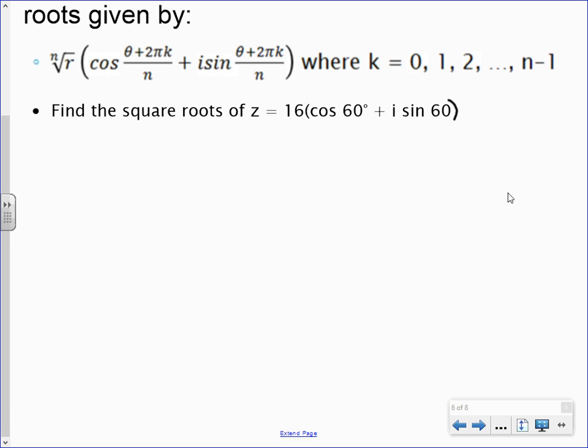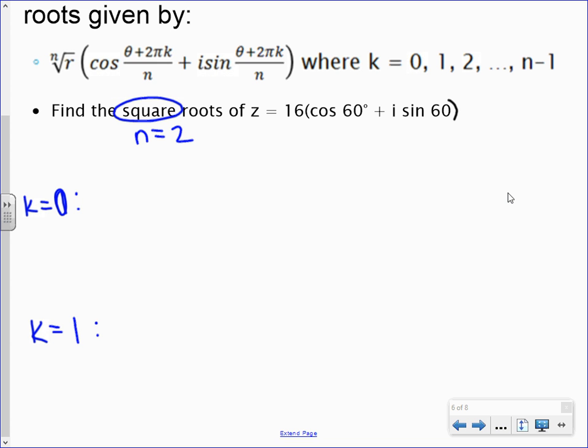Okay, so how many are we actually going to find? 2. We're going to find 2 of them. So first of all, since it's square roots and n is 2, we're going to use k equals 0. We always start with k equals 0. We'll plug in k equals 1, and then we'll have 2 roots. That's all we need.